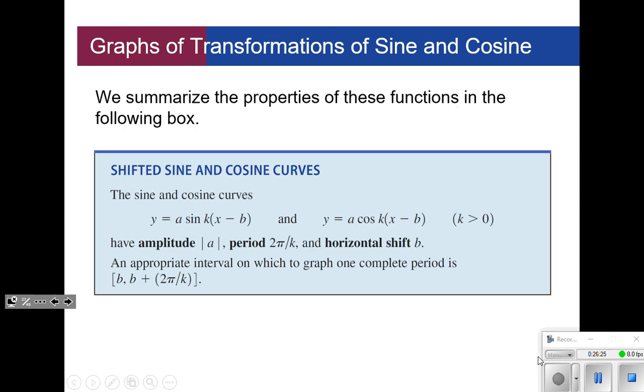You'll see it when you go into practice. This is another biggie. So we have amplitude, we have period, and horizontal shift. Some textbooks call this phase shift. If you hear phase shift, or if you're taking a trig standardized test, like Math Relays, it's the same thing.